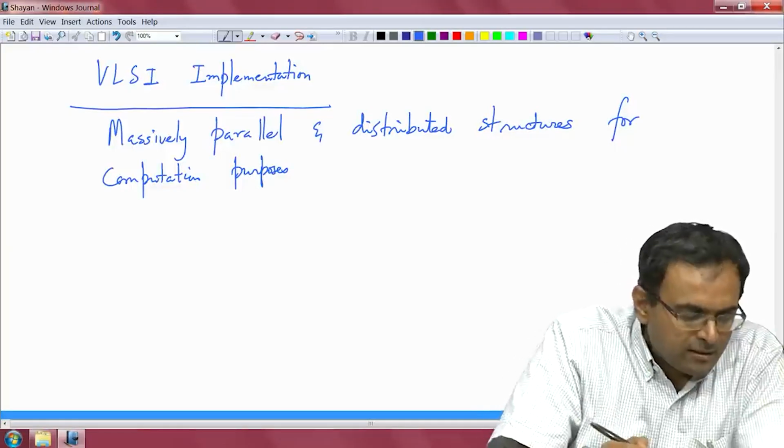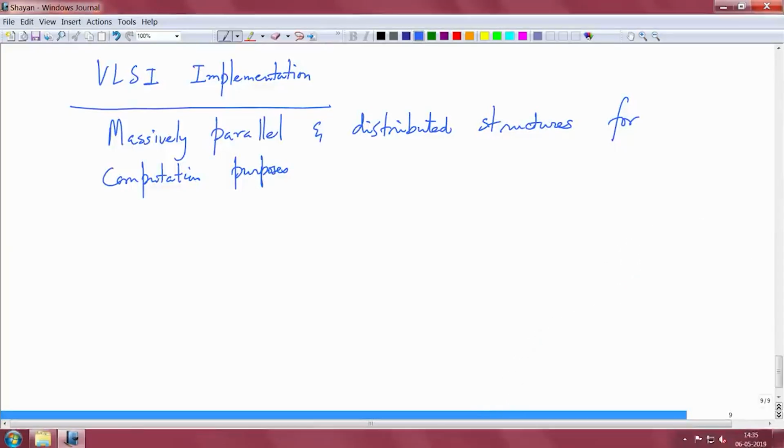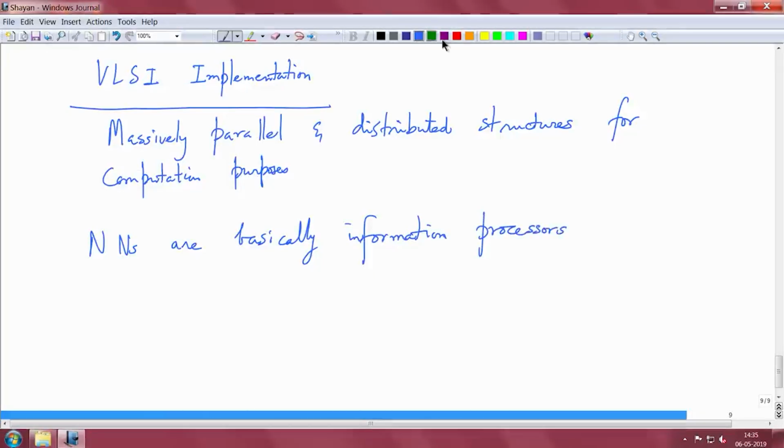So in general, what are these systems? These neural network systems are basically information processors. This is very important. I would like to underline this word in red. They are information processors.